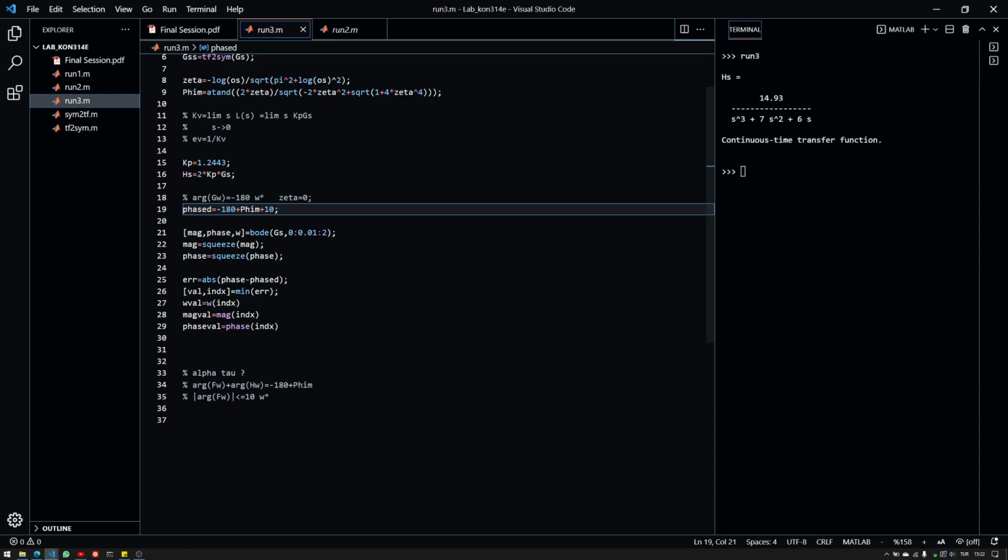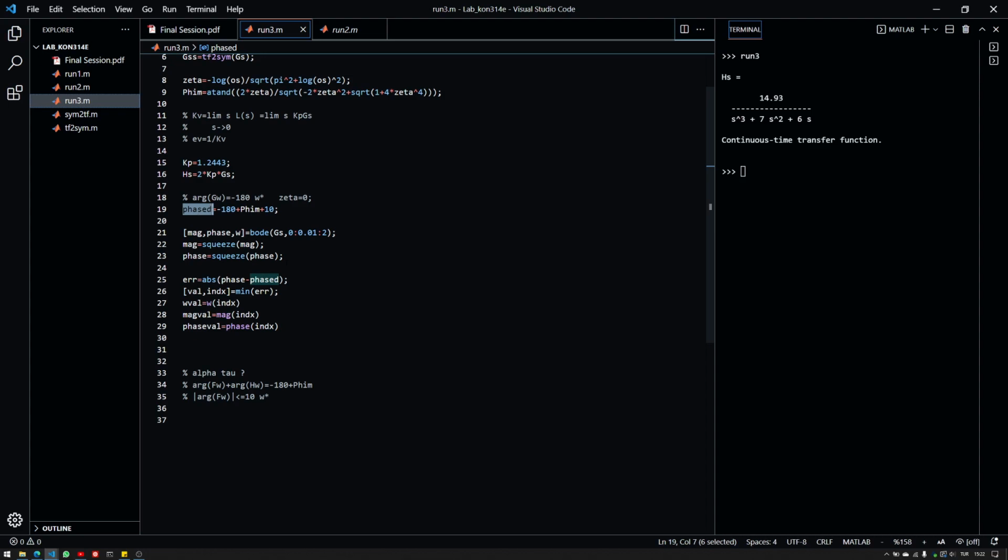Now, the only difference here, and it should make sense if you think about it, is that I'm adding a certain amount of degrees to my phase angle. And I'm assuming that it should be less than or equal to 10, which should mean that the closed loop should have almost the same phase angle, or hopefully exactly the same, because if the controller is contributing negative 10 degrees at that frequency, then I should have basically the same phase.